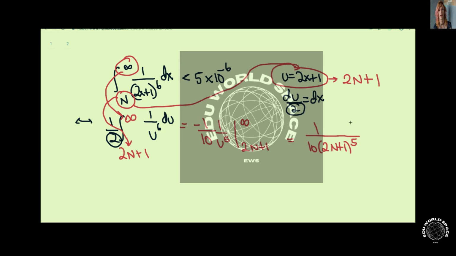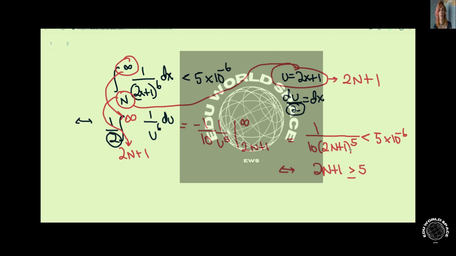And now finally, bring in that inequality. In this case, let's solve this for n again. Simplifying this, we'll end up with 2n plus 1 larger than 5.